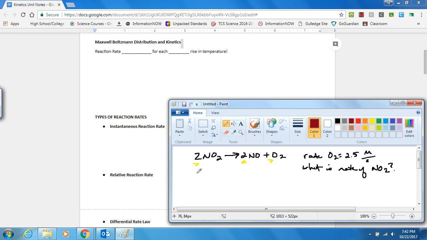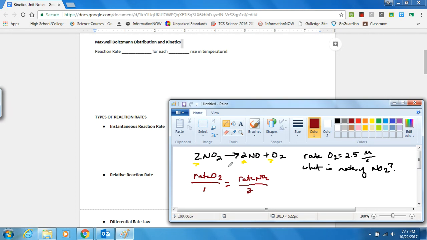So basically, in order to set those equal to each other, I have the rate of O2 over 1, because that's my coefficient there, is equal to the rate of NO2 over 2. You see, I'm just setting up my proportion according to those coefficients.